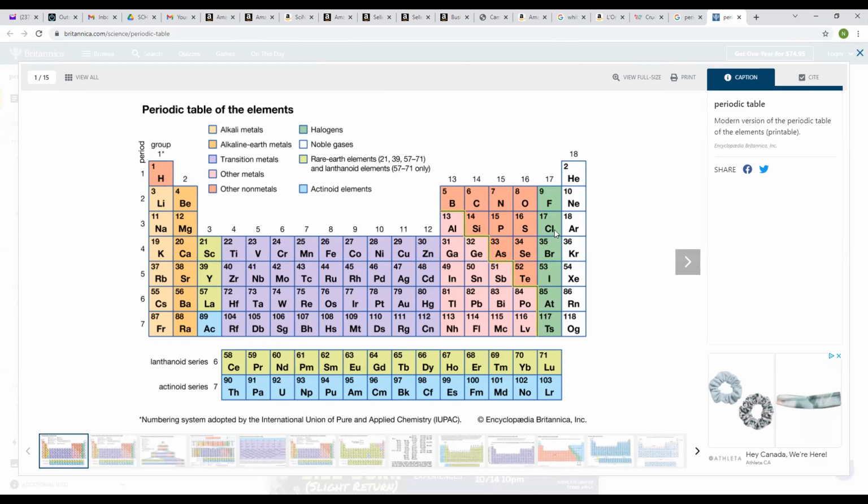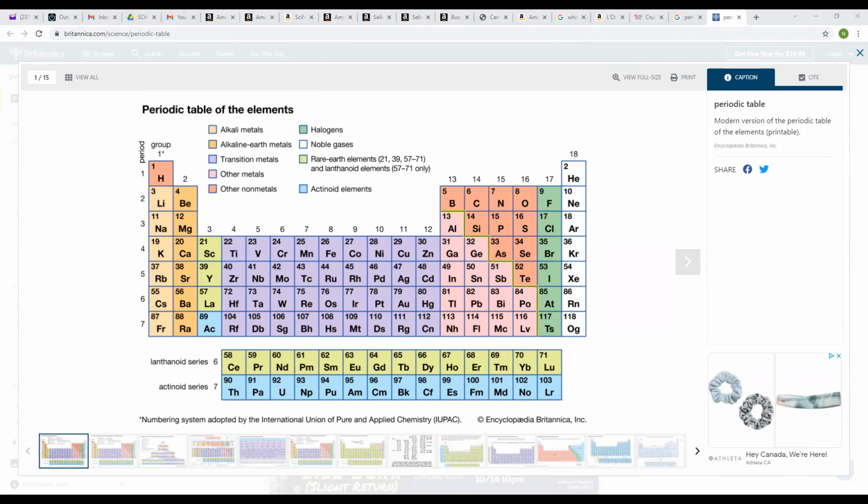By sharing electrons and overlapping their electron orbitals, chlorine has a stable 8, hydrogen has a stable 2, and they've formed a covalent bond, which is a sharing of electrons. So back to our question of what is the octet? The octet is basically the most stable electron valence that atoms like to have. They like to have 8.